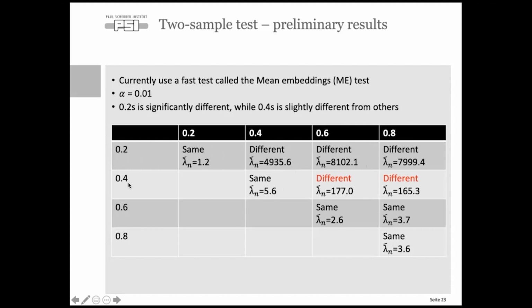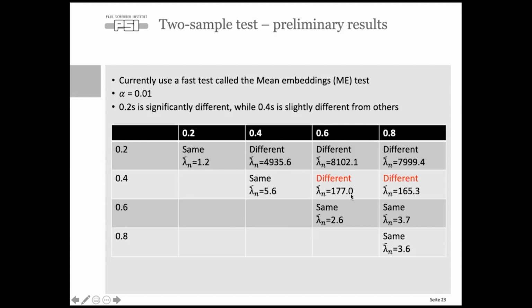Looking at 0.4 versus 0.6 and 0.8, it is also identified as different by the statistics. But the lambda n value is quite low compared to the 0.2 case.